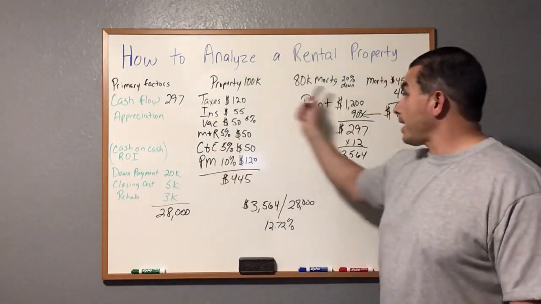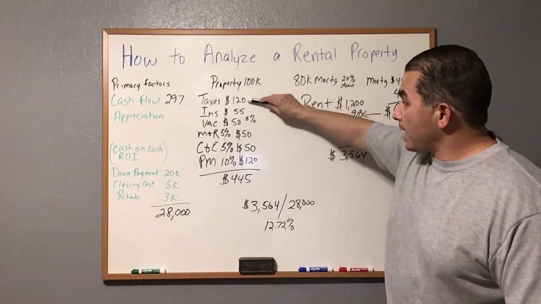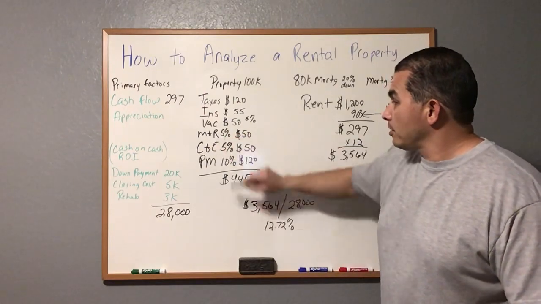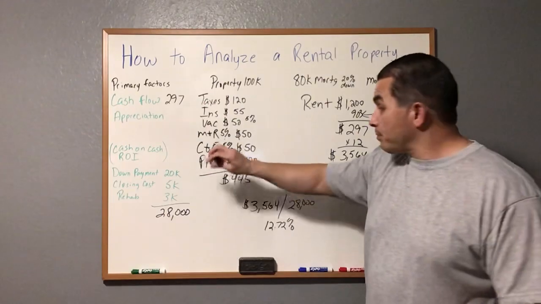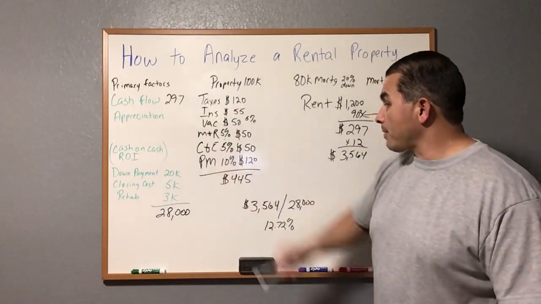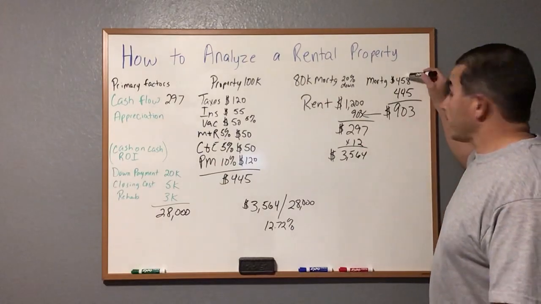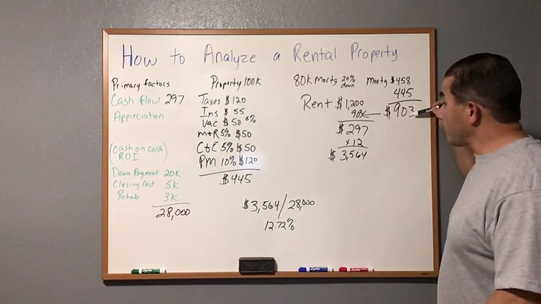You just financed everything. So again, we'll go at property at $100,000. Your taxes, insurance, vacancy, maintenance and repairs, your C&E, which is your capital expenditures, your property management comes up to $445. You bring it up to your mortgage. You add it up, it's $903.